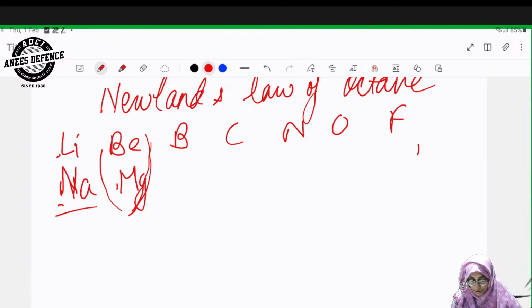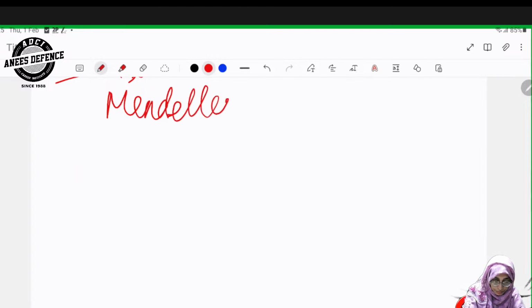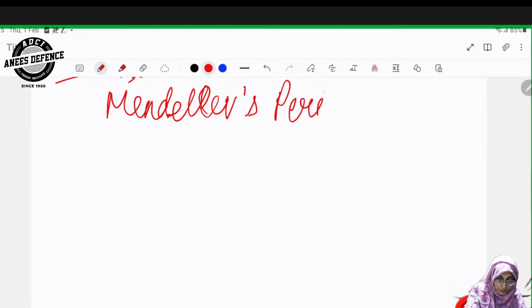After that, then Mendeleev's periodic table. Then Mendeleev came and he gave a periodic table.